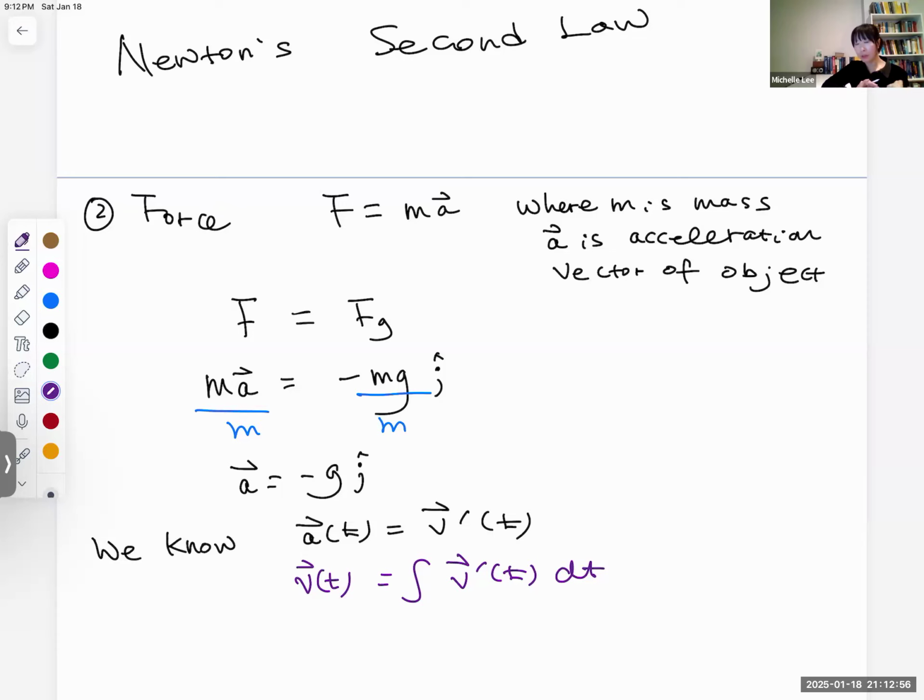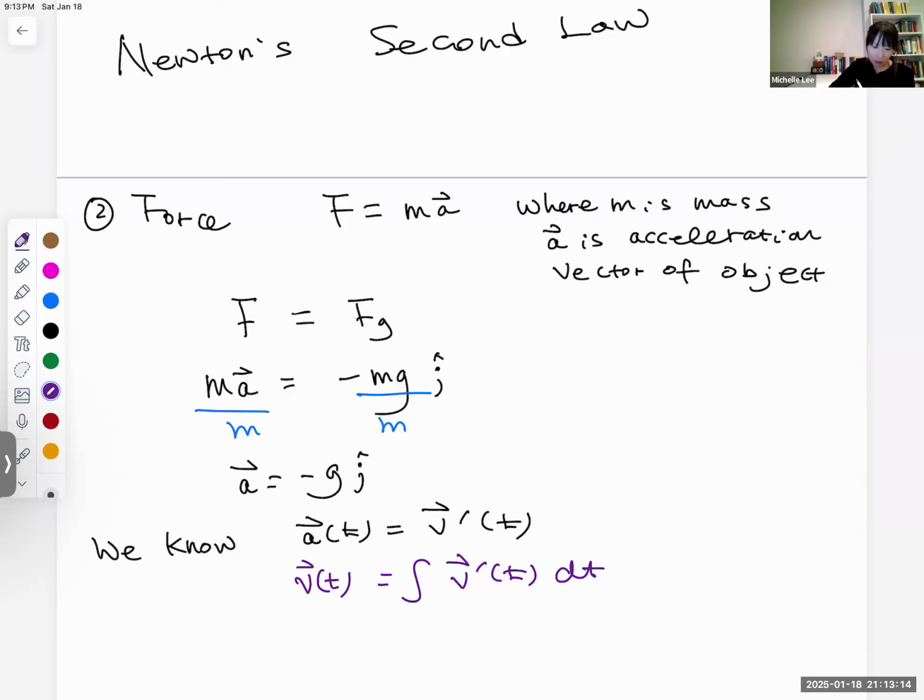Okay, we did the integral before, so you can refresh, yeah? All right, then what is v prime of t? That is the same as acceleration, right?